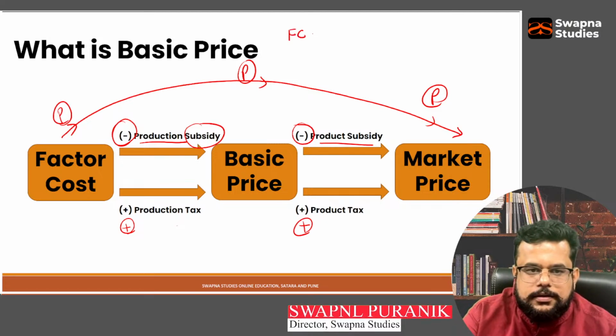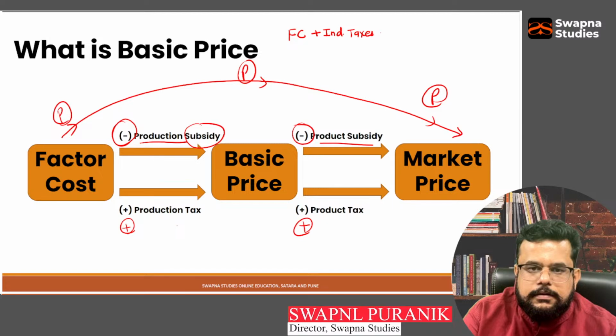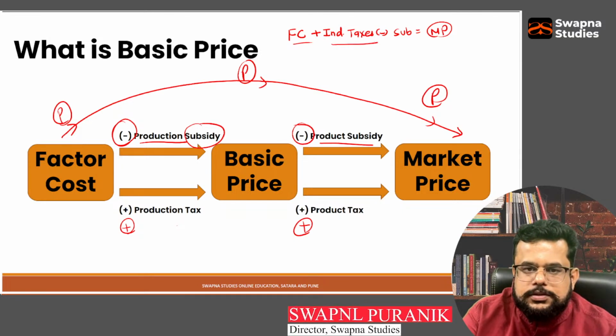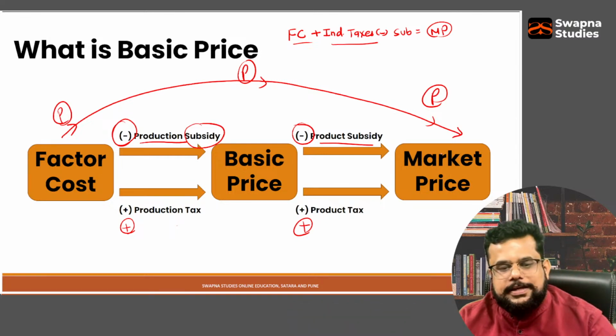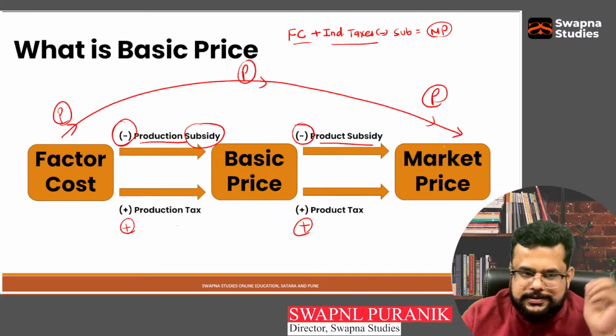Factor cost plus indirect taxes minus subsidy is equal to market price. Okay, so this is the simple funda. Whenever product is going from factor cost to market price, we have to reduce the subsidy and we have to add the tax.